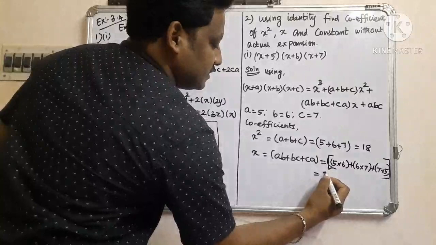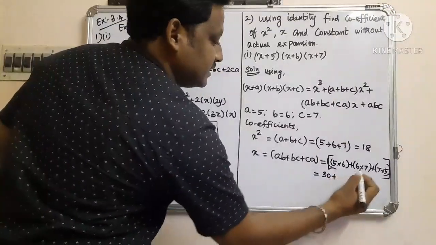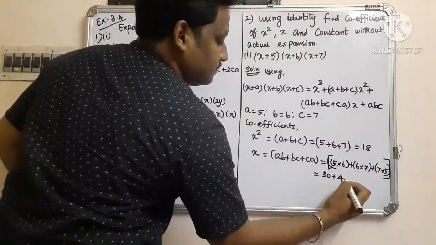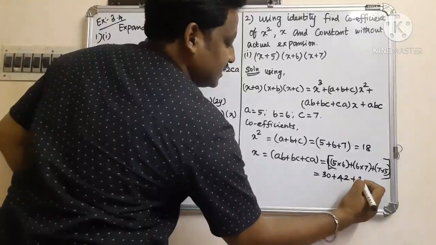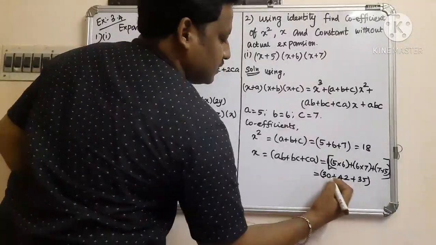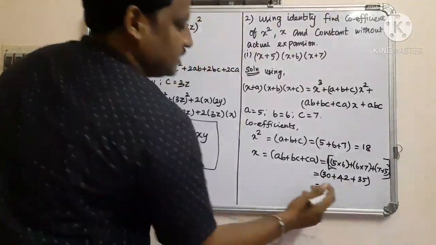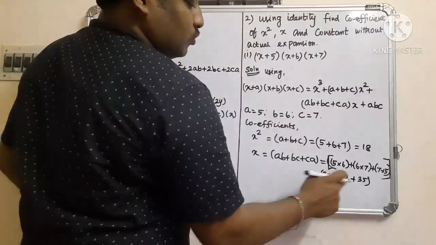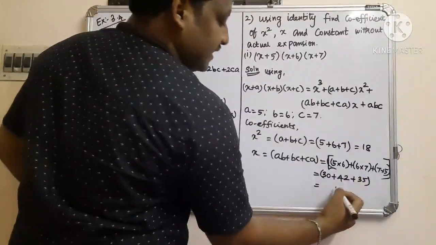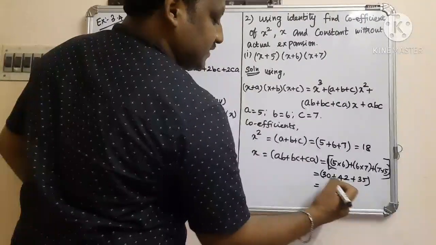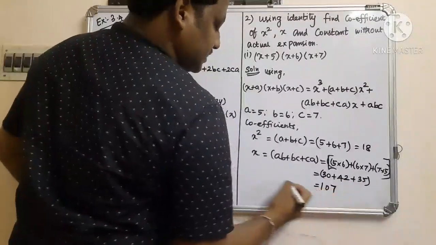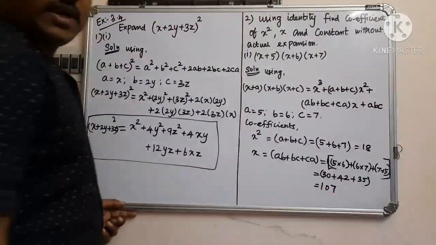So 5 sixes are 30, plus 6 sevens are 42, plus 7 fives are 35. So now 30 plus 42 is 72, plus 35 is 107. So x coefficient is 107.